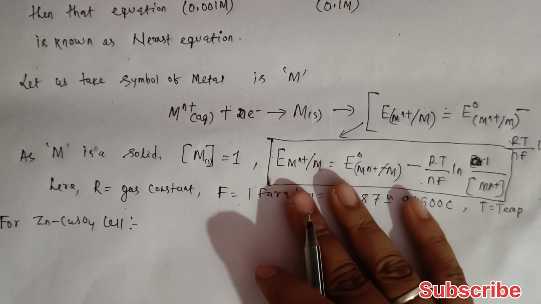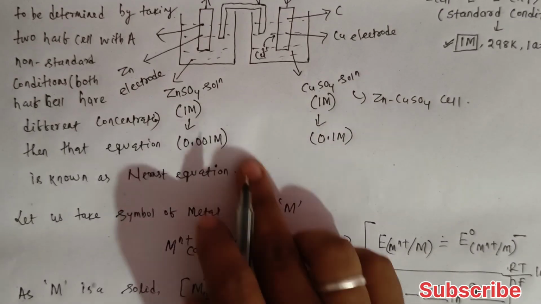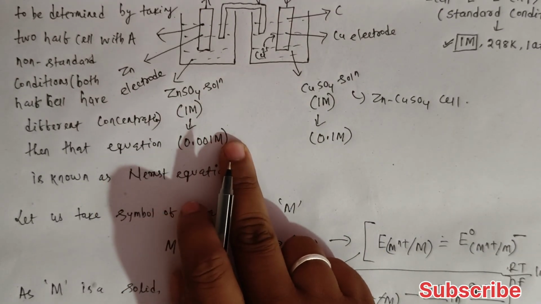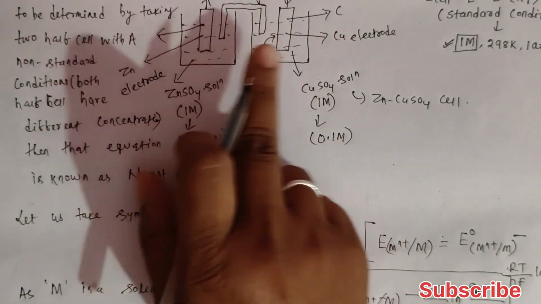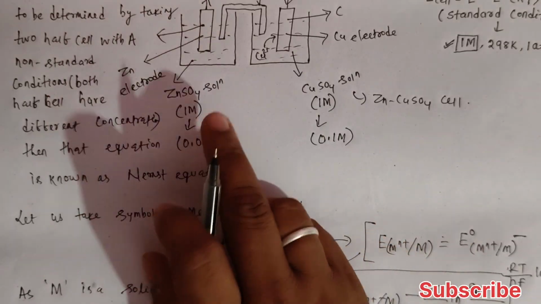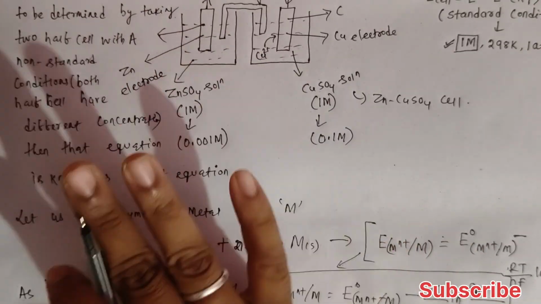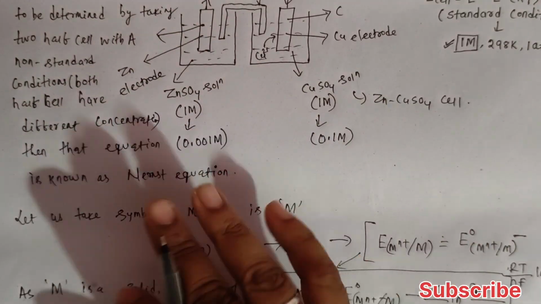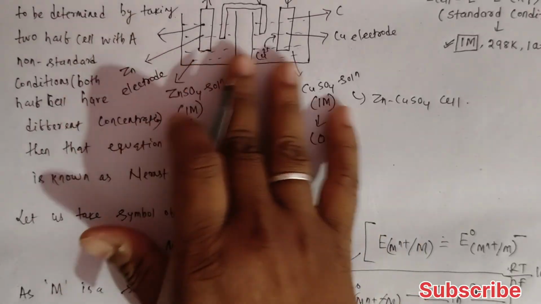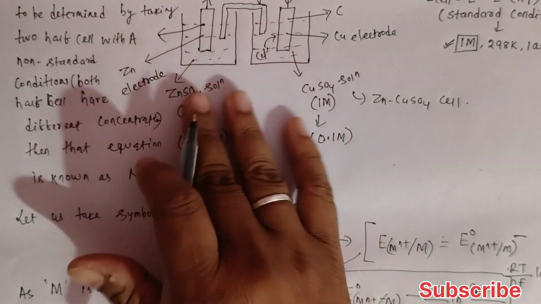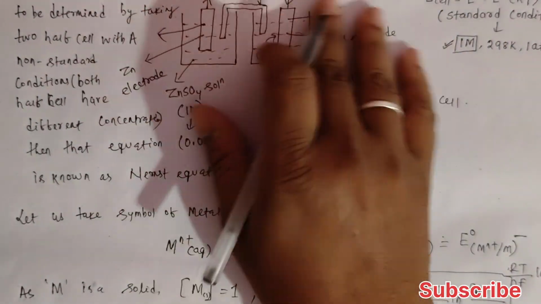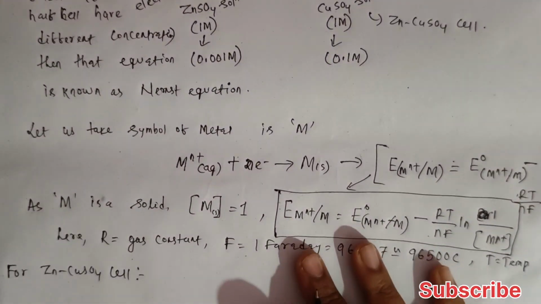But this is for different concentrations, as you clearly see in this diagram, 0.001 M and 0.1 M. The two half cells have different concentrations. If their concentration is 1 M, then we don't have to use the Nernst equation, but if the two half cells have different concentrations, then we have to use the Nernst equation.